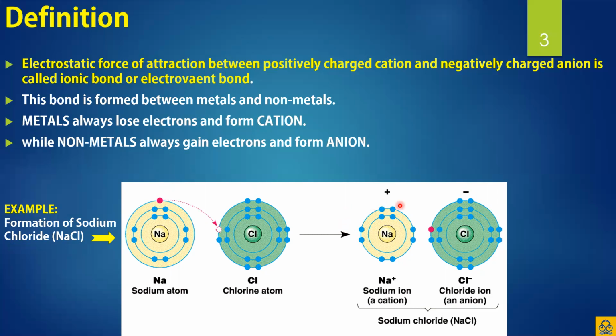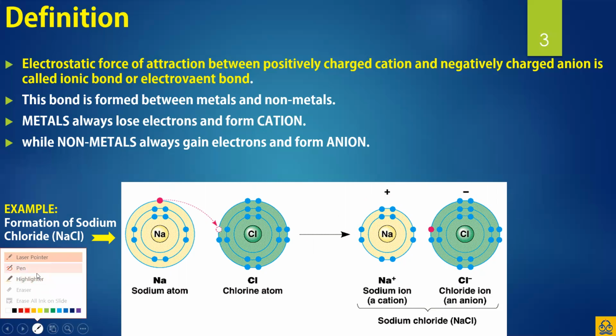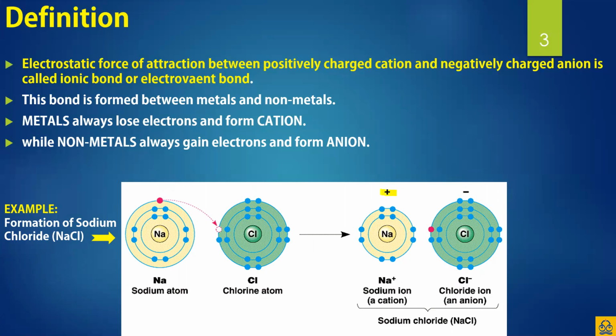Now here we can see on the right side of the arrowhead, sodium gains positive charge after losing electron. You can see this is the positive charge on sodium because sodium has lost its one electron. And here we can see chlorine gains electron and carries negative charge.